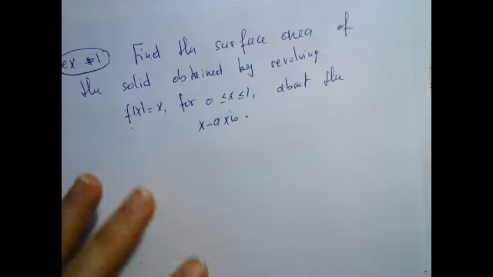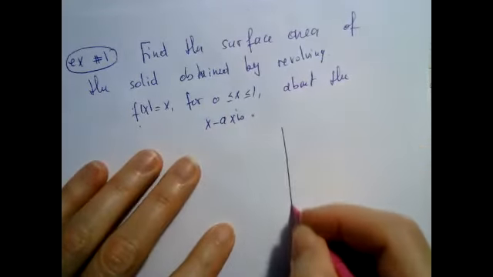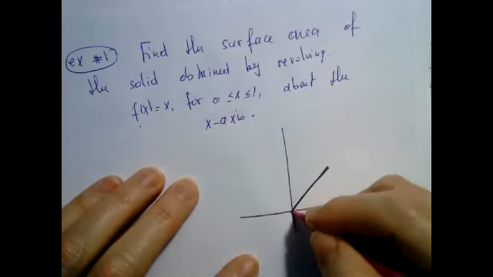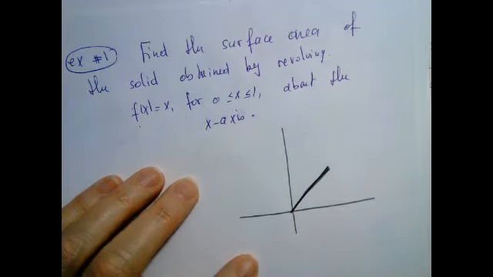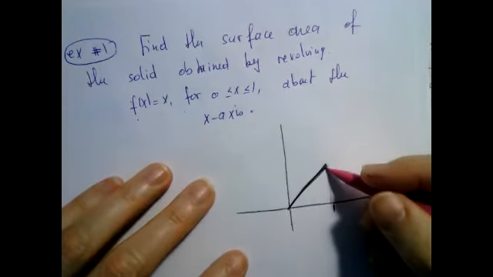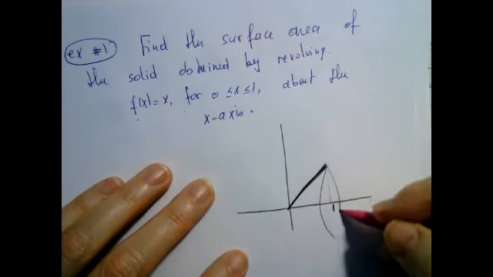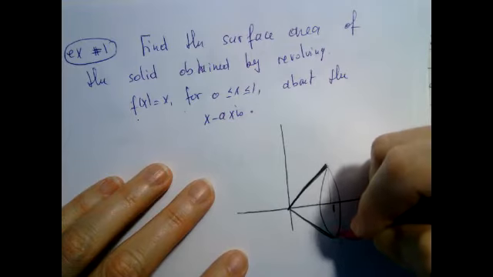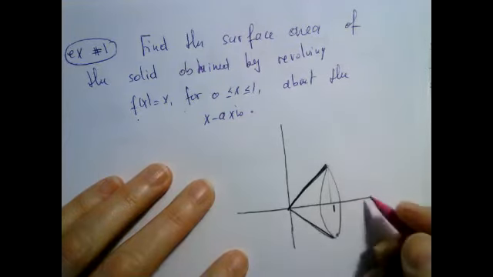So let us see what the picture is. Of y equal to x, x equal to 1. And this is where I'm going to get a cone. But now I'm interested in the surface area of this cone. All right.